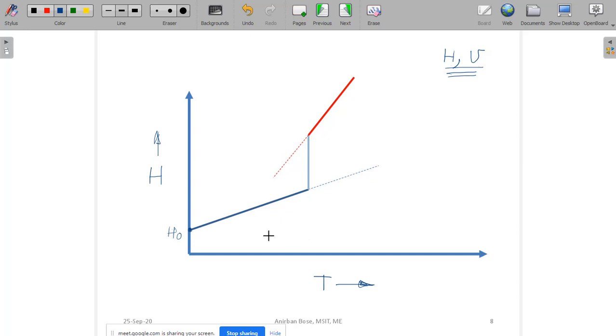Okay, now here we are considering a situation where you are gradually heating a solid, and since you are heating the solid, its internal energy or enthalpy will gradually increase along the blue line, as you can see, as the temperature increases.